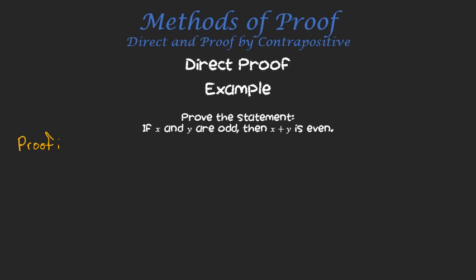So we'll go ahead and assume x and y are odd to start off with, right? We're doing this the same way. So let x and y be odd. And just like we did in the last one, where we knew x was even, we could write it as 2k. Now they're odd, so we can write them as 2 times some integer plus 1.